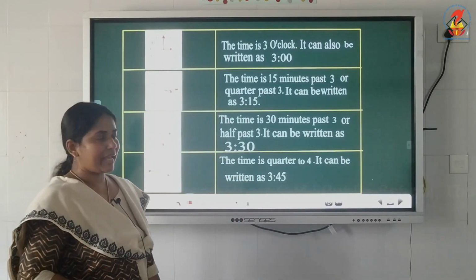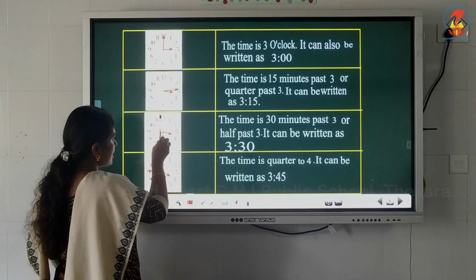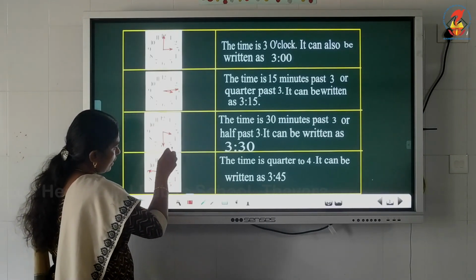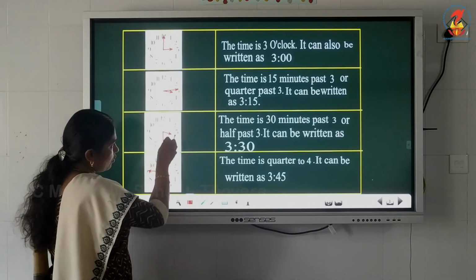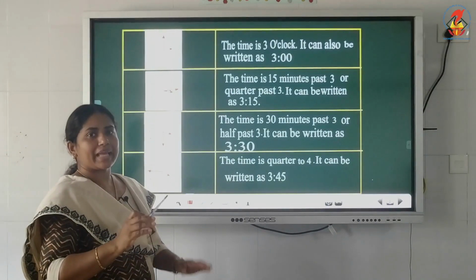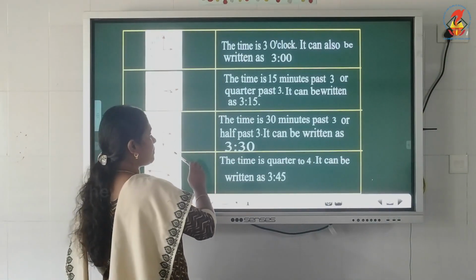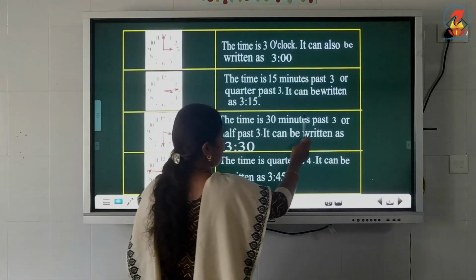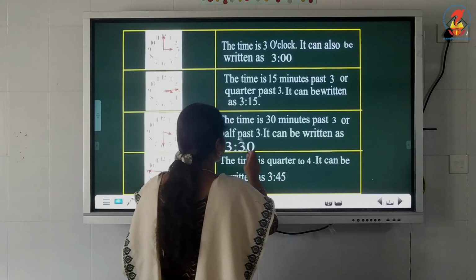Okay children, once again our minute hand starting from this 12, turns around and covers half of the clock. So we can say that it passed half past 3. The time is 30 minutes past 3 or half past 3.